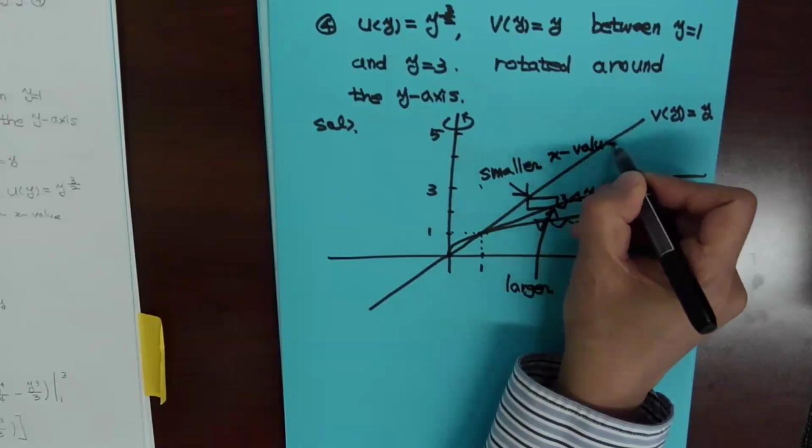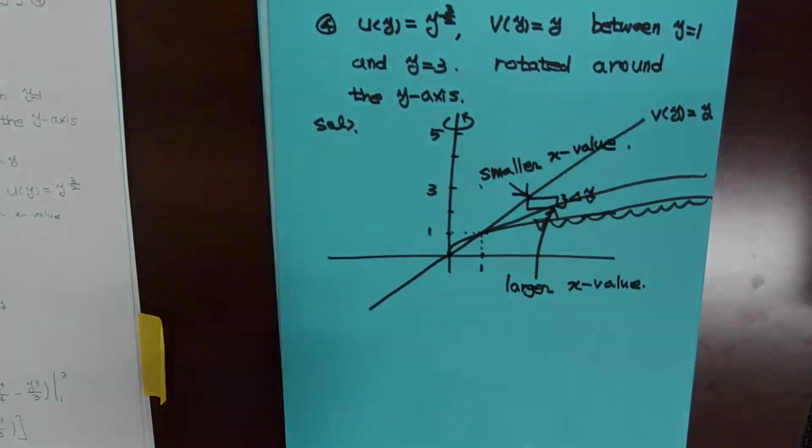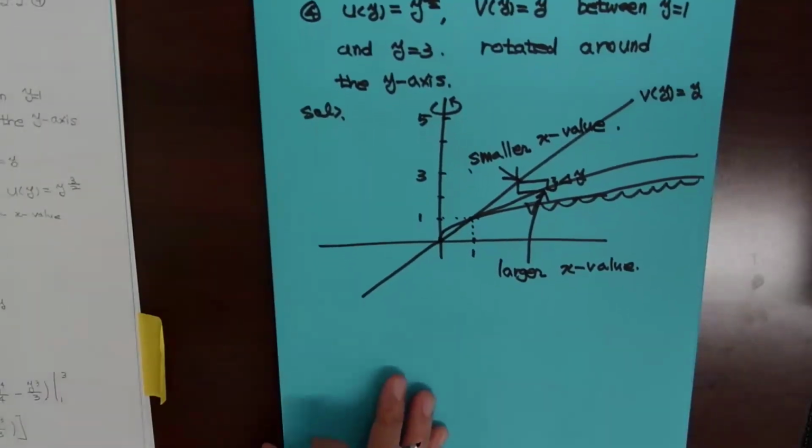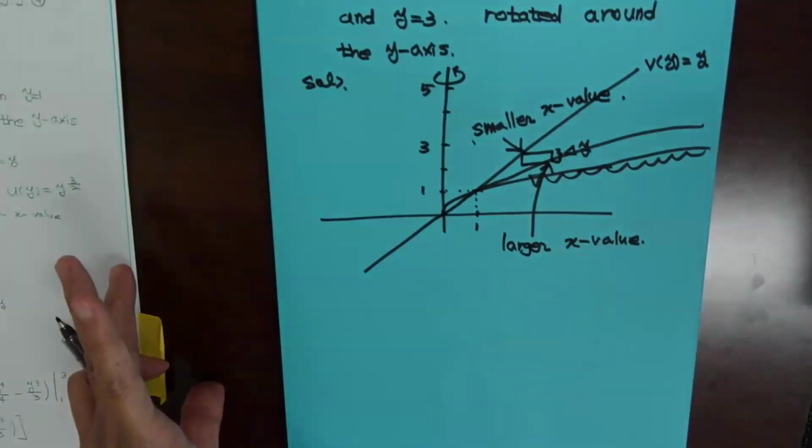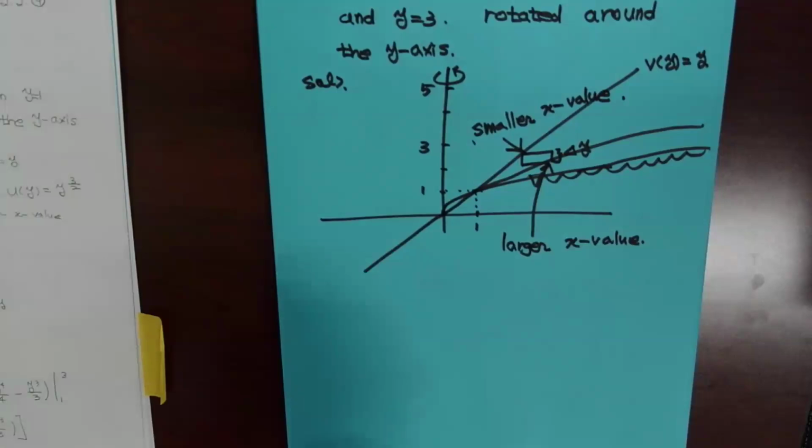The difference from the previous one is that we are thinking about the larger and smaller x value instead of the larger and smaller y value, because we are rotating around the y-axis.